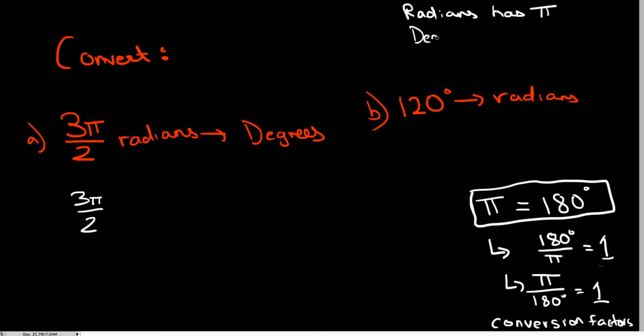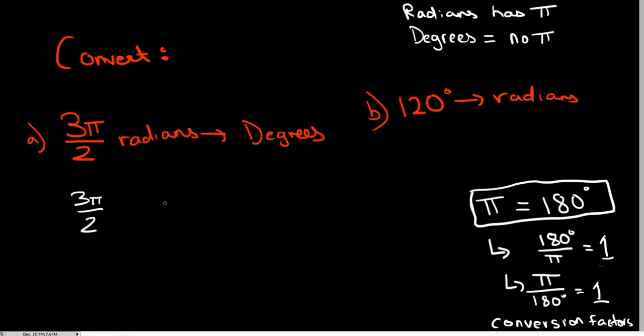Degrees do not. No pi. Of course, there are times when they'll just give you like 3 radians and stuff like that, but more often than not, you will see that radians have pi in them. So if you want to change something from radians to degrees, you need to take the pi out.